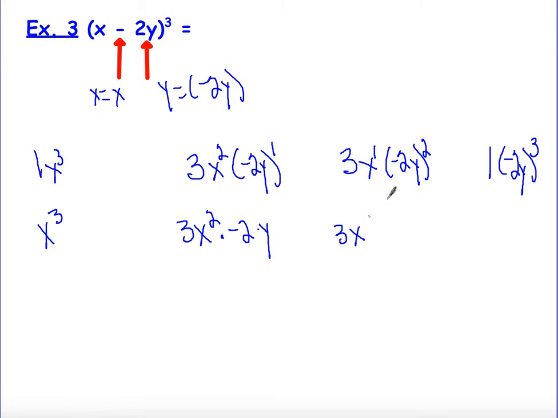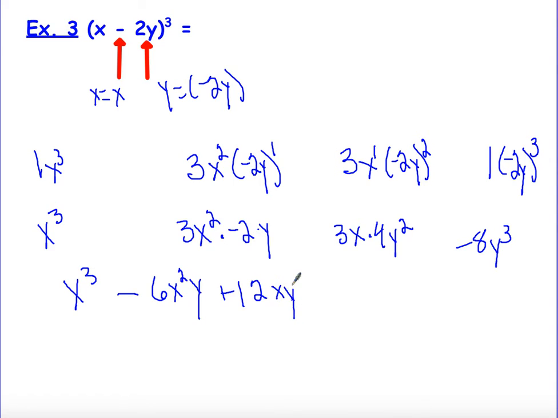Then negative 2 squared is positive 4, and then y squared, and then we're going to have one we don't have to do anything with. Negative 2 to the 3rd is negative 8, and then y to the 3rd. So I have x to the 3rd, and this becomes minus 6x squared y plus 12xy squared minus 8y cubed.